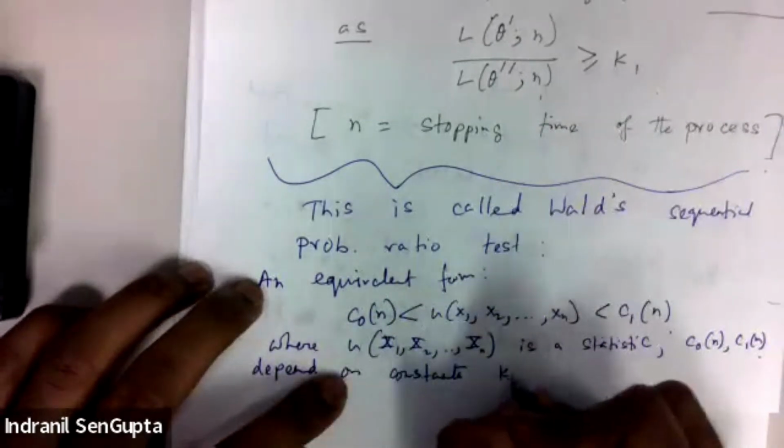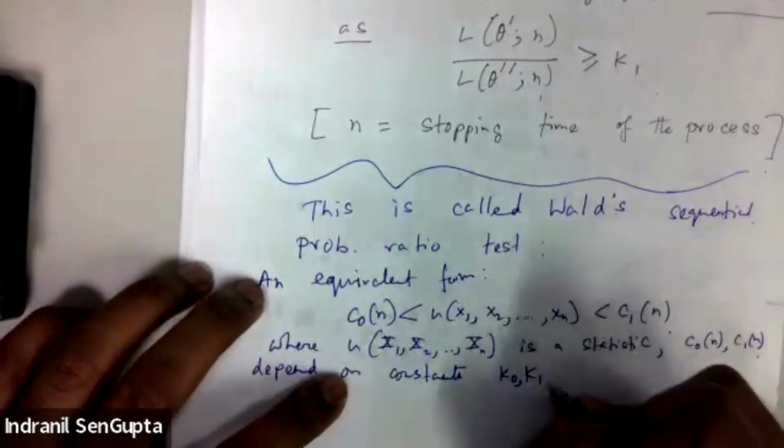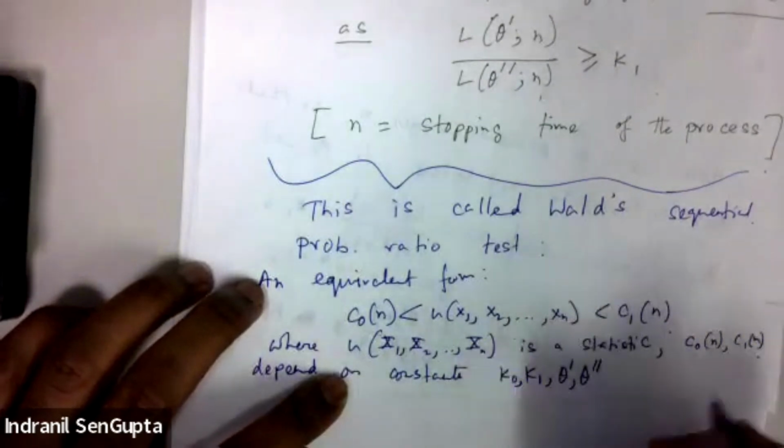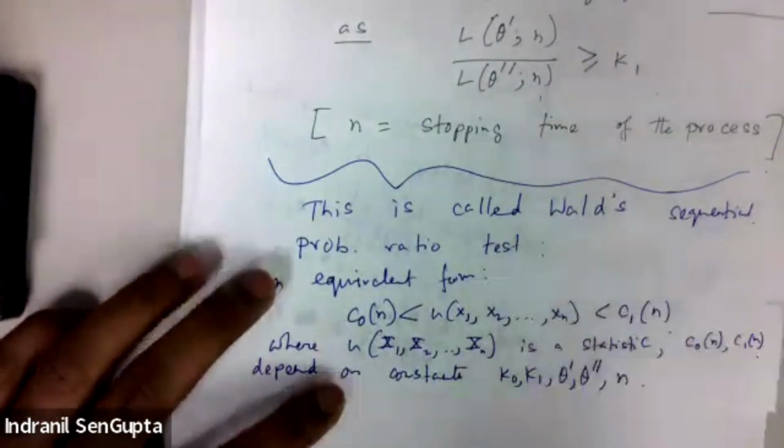First of all, K0 and K1 that we pre-assign, and then we can have theta prime, it can depend on theta prime, and on n.